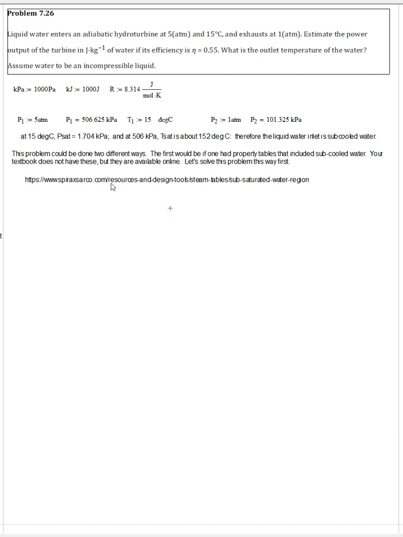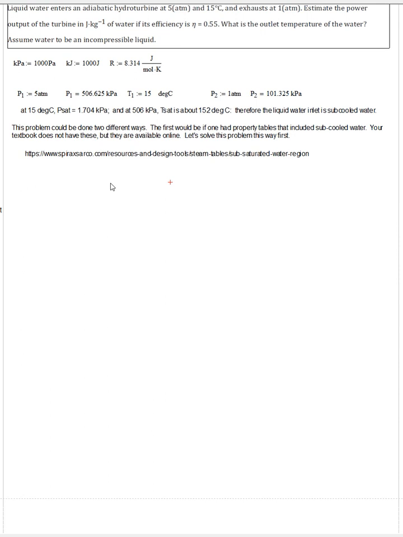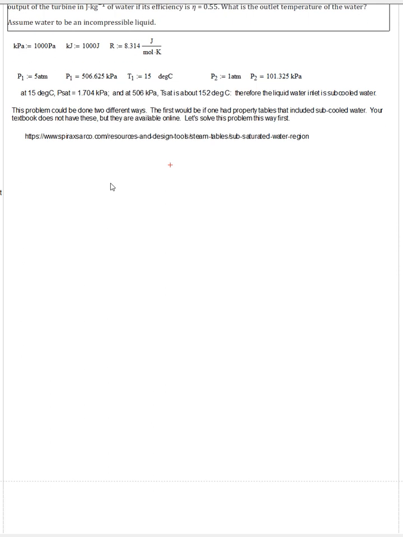So I encourage you to use this. I think this will make a lot of your calculations easier, and we are going to go through that example just like we did in class. So we're going to use these property tables for the subcooled liquid, and then in the second part of this problem we'll look at the more theoretical way to do this problem.